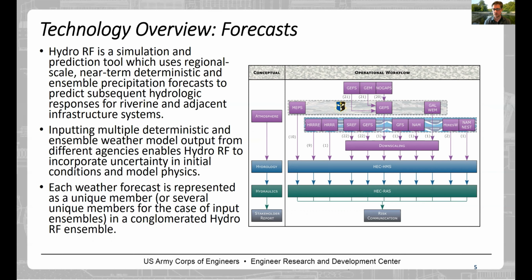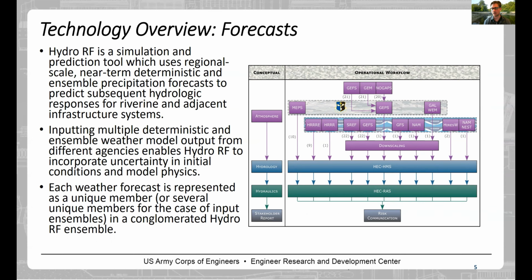So for now, let's focus on the atmospheric component or module. You can see here that there are a whole bunch of different forecasts that are fed into this workflow. Each of these forecasts represents a model that generates one or more forecast members.